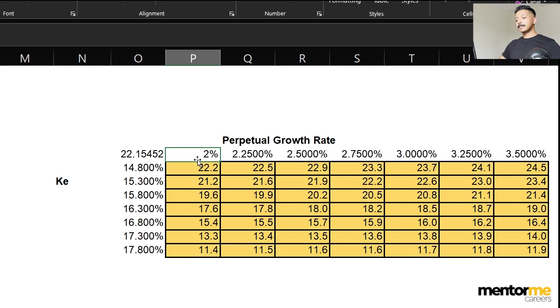So if you can see out here, if instead of going from 14.8 to 3.5%, if I do, let's say 6%, you can see how the values will change. So on one end you are talking about 22, and on the other hand you are talking about 30. So you have to test out various assumptions that you are taking, majorly cost of equity and perpetual value.